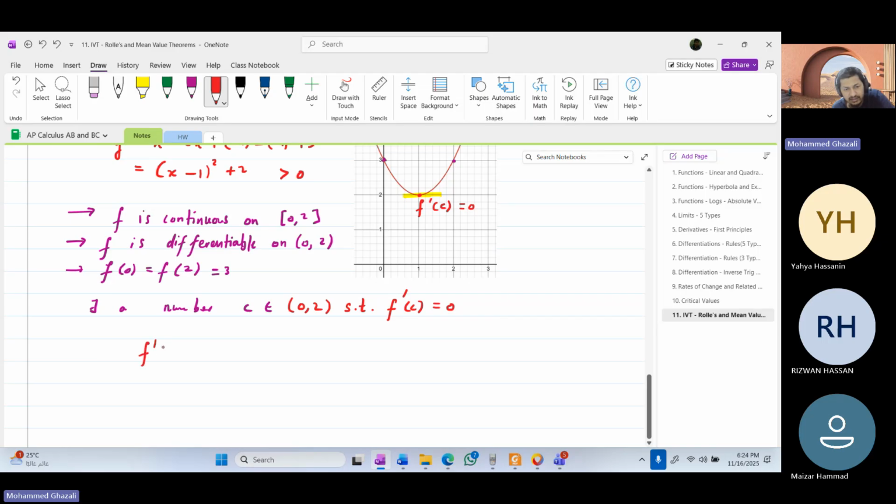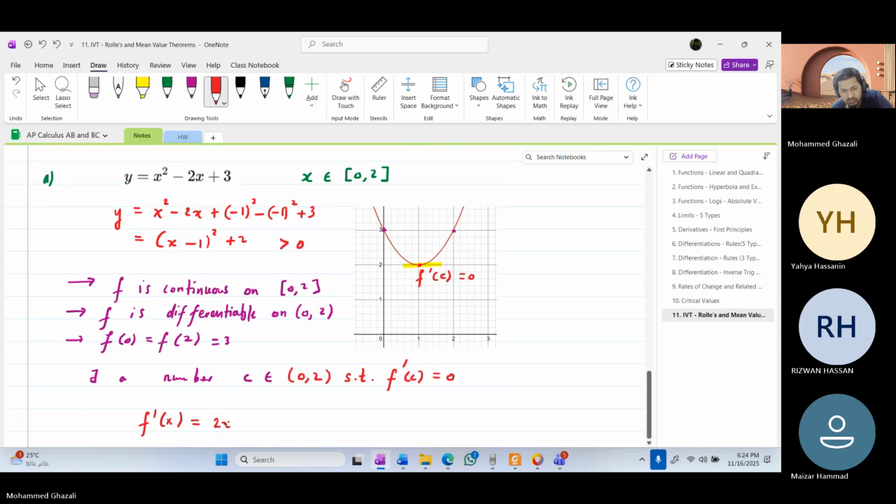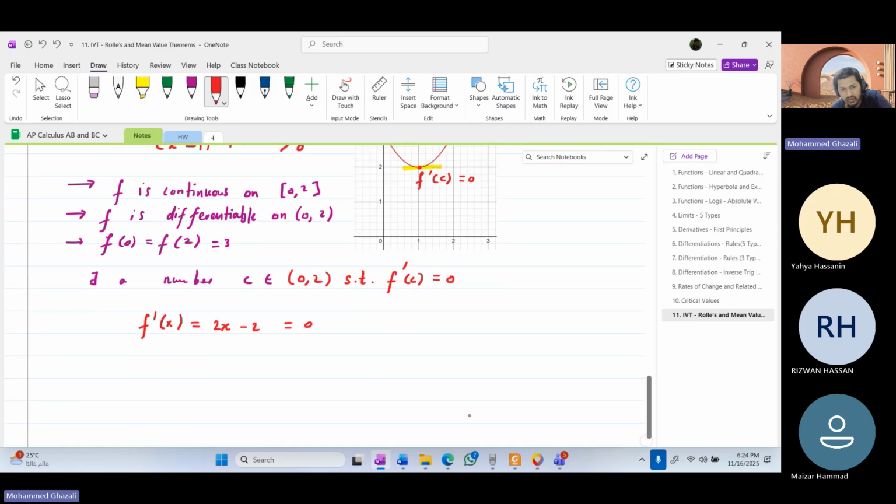Now let's find f prime c. What is f prime x? f prime x, from the original function, is 2x minus 2, which is equal to 0. So x is equal to 1, okay? Which implies the value of c is equal to 1.